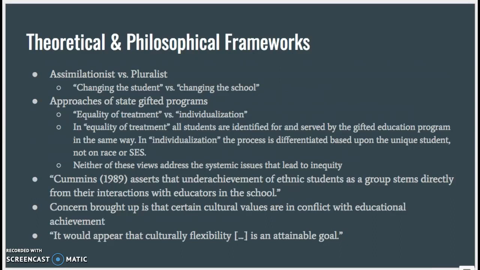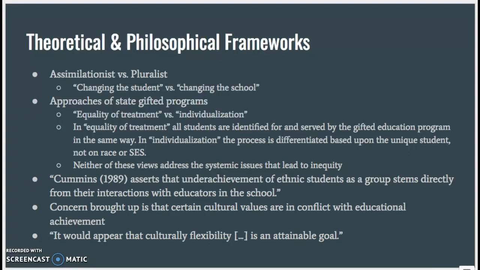The cultures of the students are welcome into the classroom, and instruction is modified to respond to and be inclusive of the diverse student population. So the school reflects all of the different cultures of the population and incorporates that within the school environment, whereas the mainstream society is promoted within the assimilationist perspective.